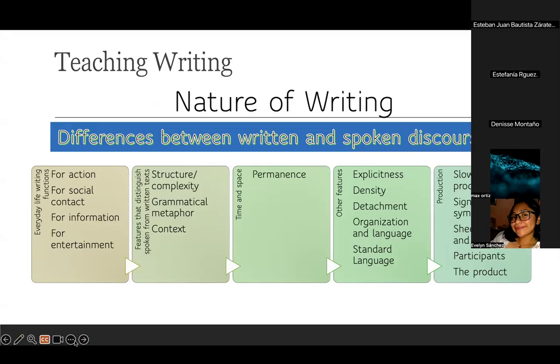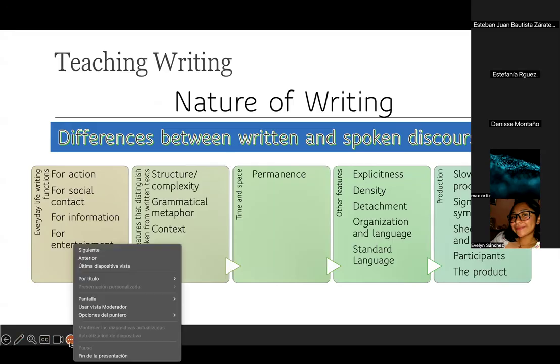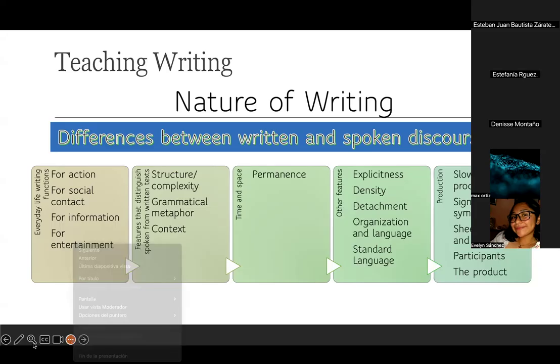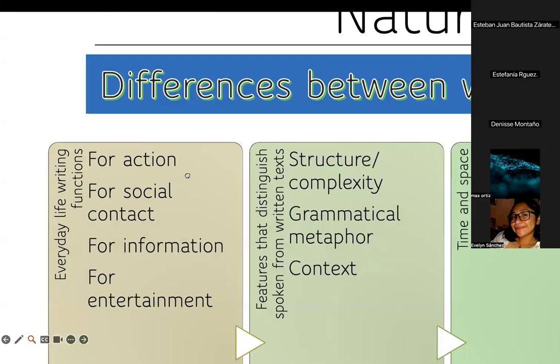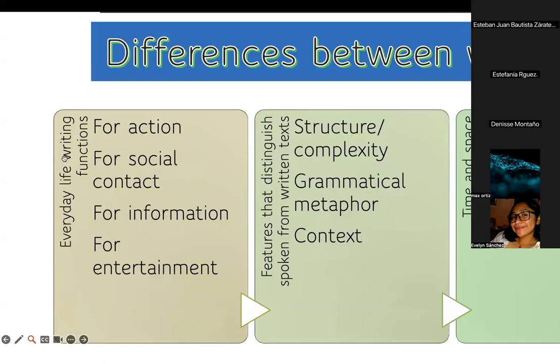Well, first of all, the first difference is everyday life writing functions. For action, it is like a written message. For instance, when you write a WhatsApp message, this is for action because you are asking your reader to do something.